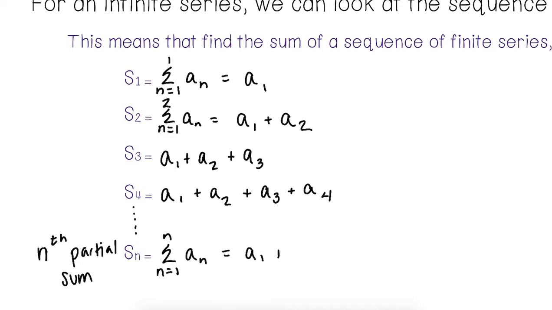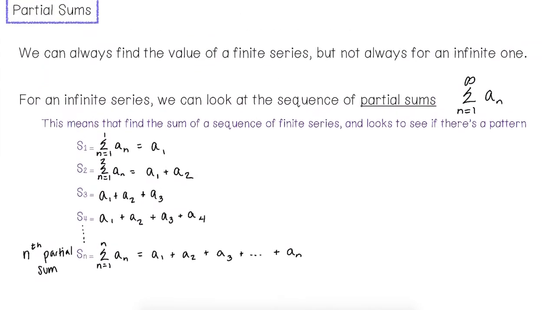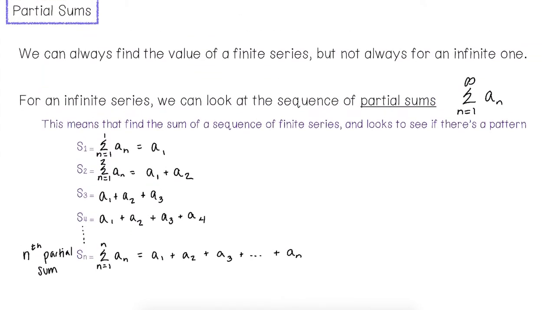That's a1 plus a2 plus a3 plus dot dot dot plus some value a sub n, where n is out really far. We don't know what it is. So we're going to start by looking at some partial sums today and then build up to what that means for the overall sum of an infinite series.